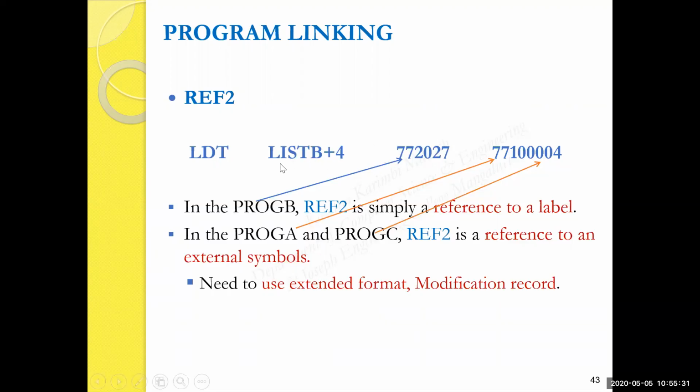And since the value of list B is not assembled as a part of the instruction at assembly time, a command is placed in the object program via a modification record, indicating to the loader that the actual value of list B has to be added to the address field when the programs are linked.